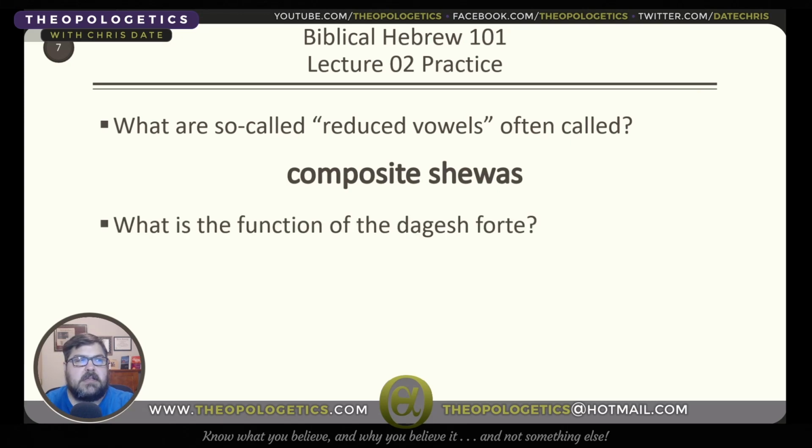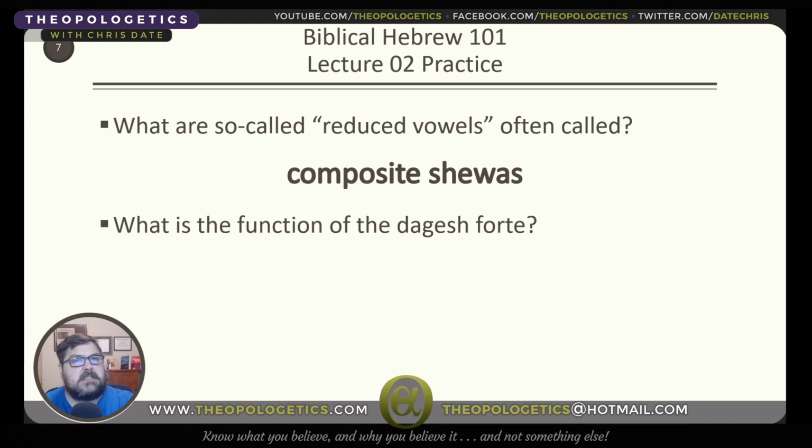Composite shewas. What is the function of the dagesh forte? Recall that in Lecture 1 you learned the dagesh lena, and that hardens the otherwise soft sound of begadkefat consonants. In Lecture 2 I introduced you to the dagesh forte. Remember, dagesh lena means weak emphasis, dagesh forte means strong emphasis.